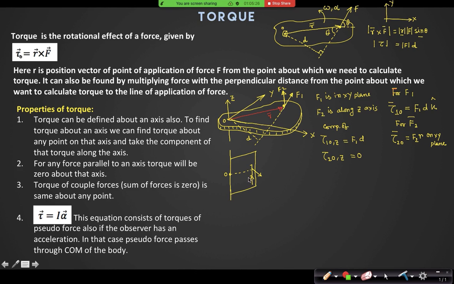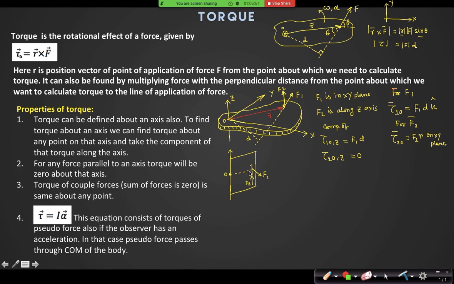But if you find the direction of the component of those torques about this axis, then which force will have the component about this axis, F1 or F2? F1 will have a component along the axis, either upward or downward.